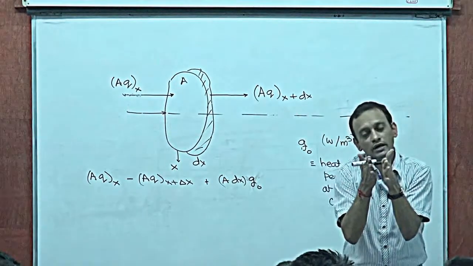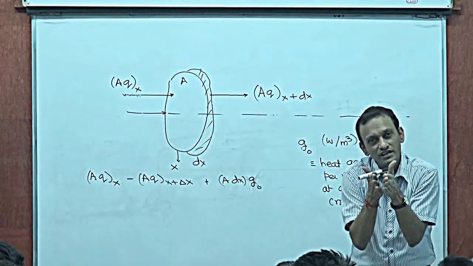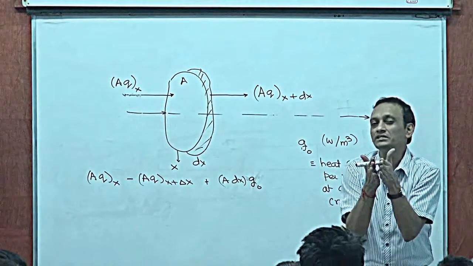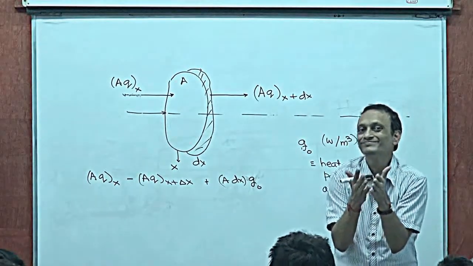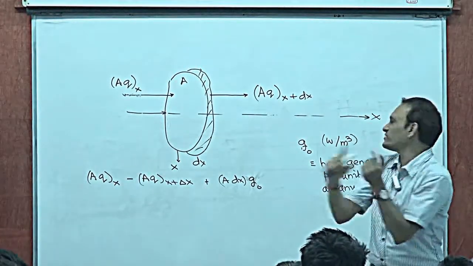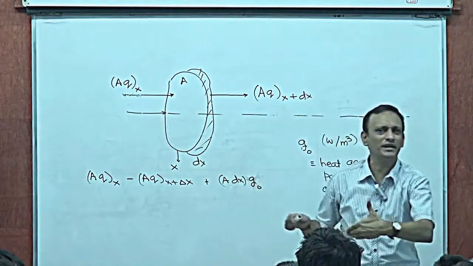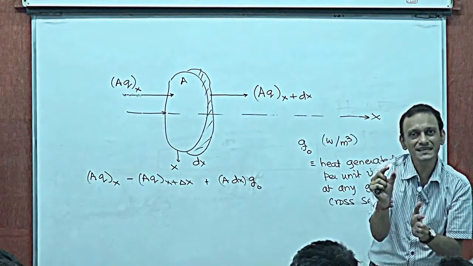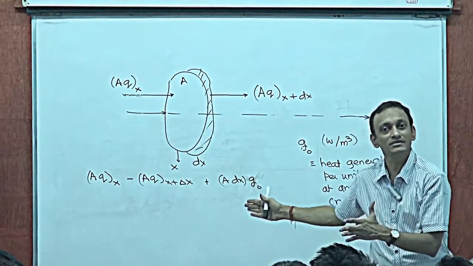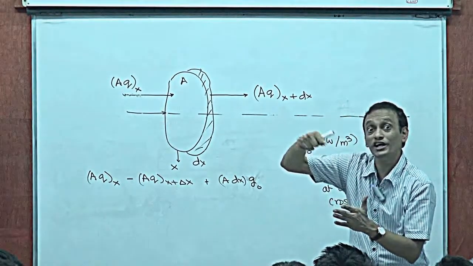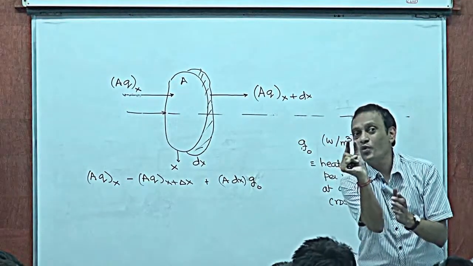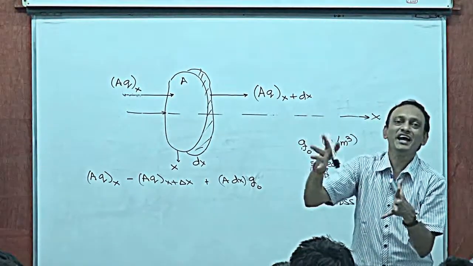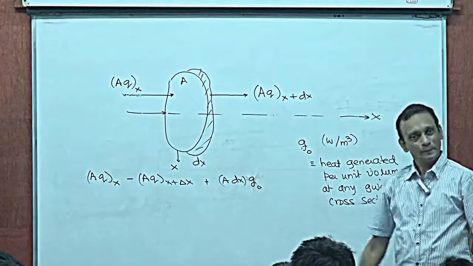See, if dx is very small, do you realize that the change in area would be negligible? If I had taken this as delta x, it would have been another issue. But this thickness is dx, and the variation is continuous. So over that small change dx, the change in area can't be abrupt, right?